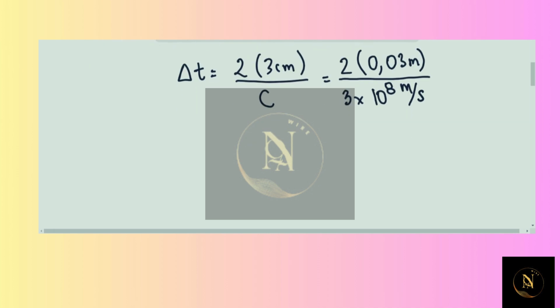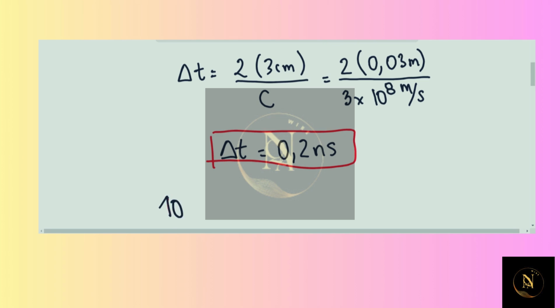So plugging this into the calculator, we note that the interval of time, or the difference between one photon and the other to reach the detectors, is 0.2 nanoseconds. But we know that there is a window of 10 nanoseconds for the detector to detect if two events occur at the same time or not.